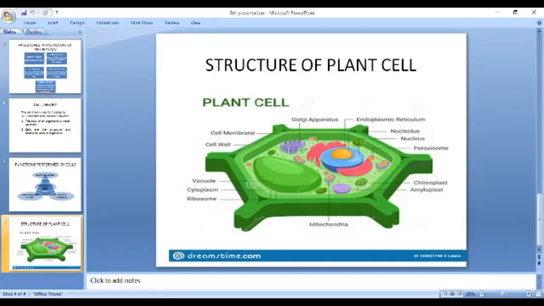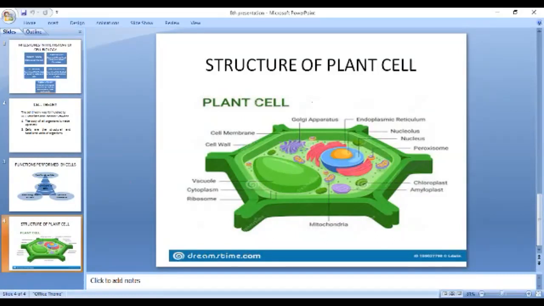He found out that the body of an animal is made up of cells. So all these things we have studied. Then Rudolf Virchow observed the dividing cells and inferred that new cells arise only from existing cells. All these scientists have made so many discoveries about the cell, and from that we have got some idea about the cell.